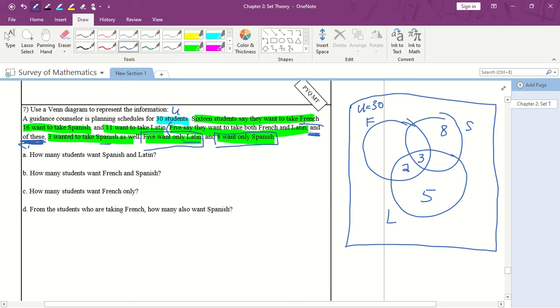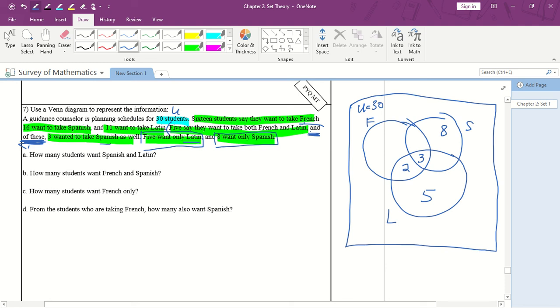So does it make sense? 5 want to take both French and Latin, so it's here. And of those 5 people, there's 3 that want to take Spanish. So it will be 2 students that want to take French and Latin only. Okay, this solves that.